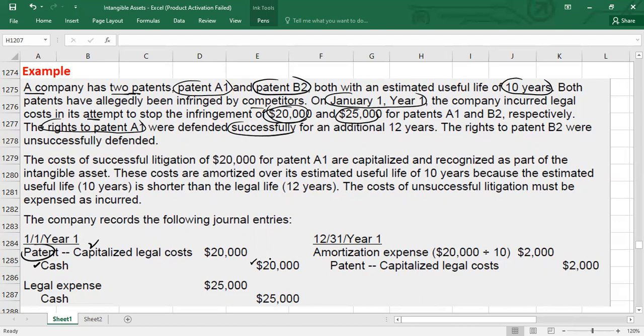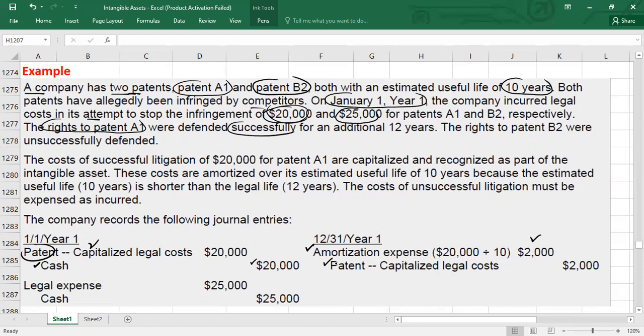So how will you amortize now? Simply take the amount of $20,000, which was capitalized, because the initial cost is not given. Let's assume this is the only amount. Divided by 10, you get the amortization expense. The entry for the year is debit amortization expense and credit patent or accumulated amortization, it's up to you.